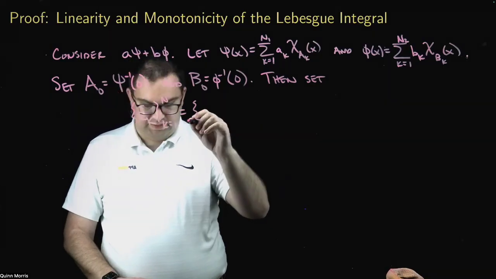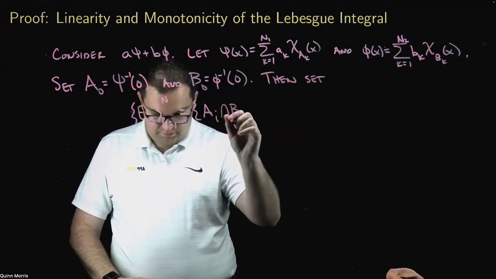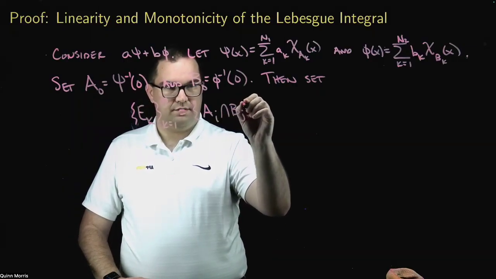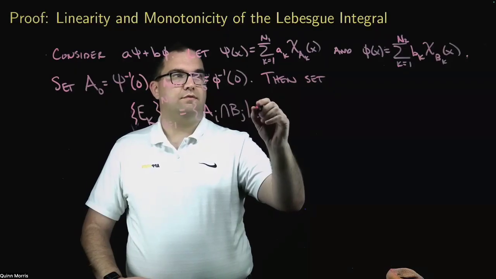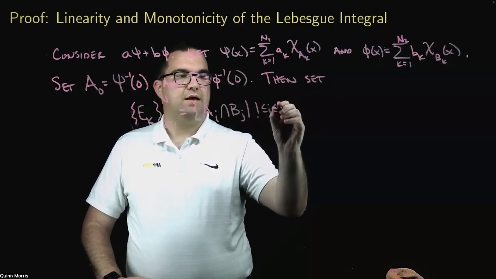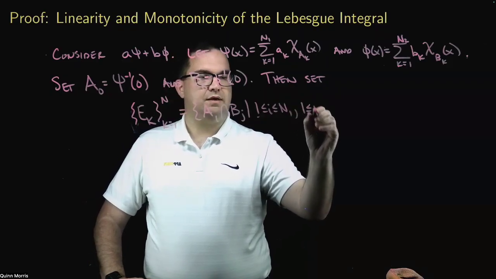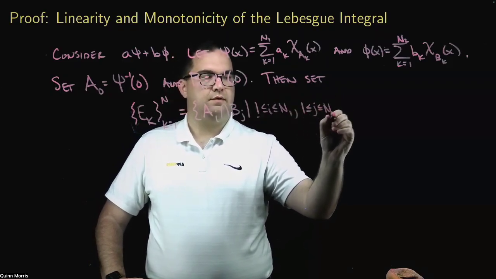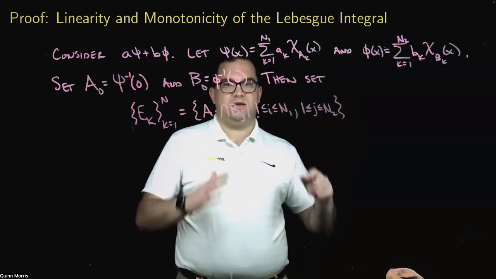This is going to be the set of sets of the form AI intersect BJ, for all I between 1 and N1, and J between 1 and N2. Okay, so here's the idea.